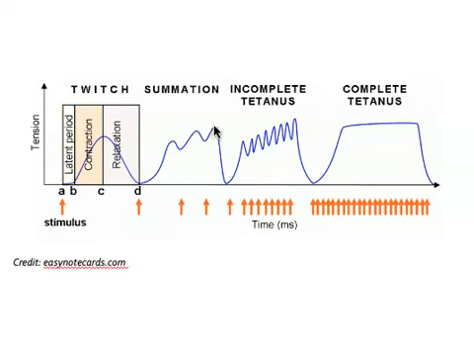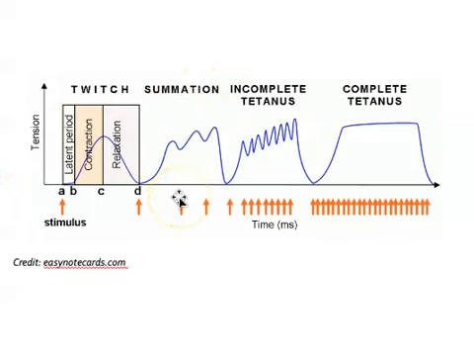So we end up with a higher level of tension or force than we would have had if we allowed it to go down to baseline again. This is summation. We're adding the effects of each action potential together with the last.